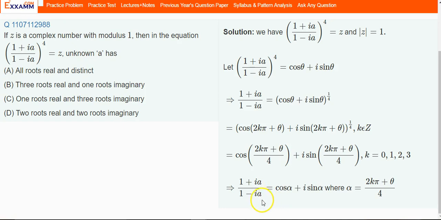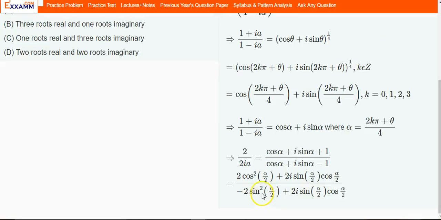So by applying componendo and dividendo, what do we get? The sum of these two terms is equal to 2, and the subtraction is 2ia. So 2 upon 2ia is equal to, if we divide it by 1, the right side would be cos alpha plus i sin alpha plus 1 divided by cos alpha plus i sin alpha minus 1.